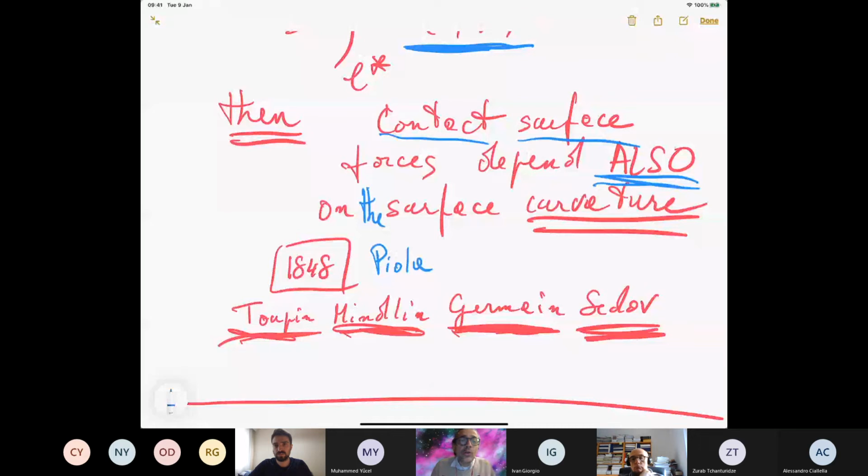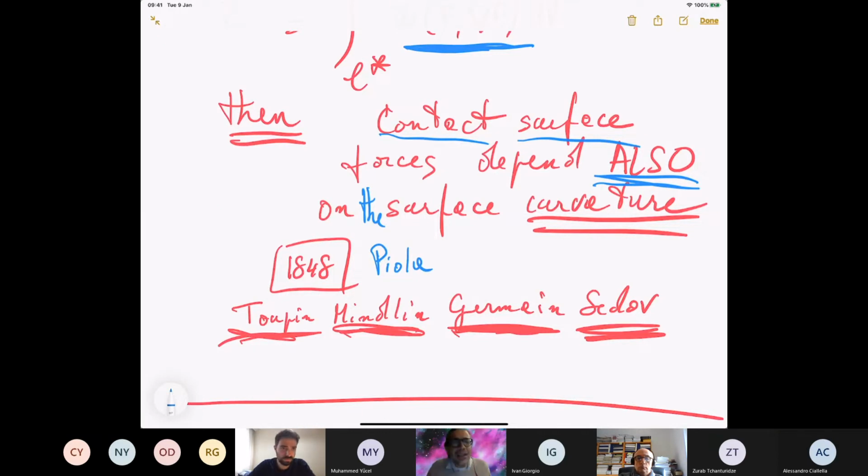If you go to Google, you discover that Google digitalized a copy of Piola's book, written in Italian. And this Piola book was in the library of Wisconsin University. So this book was everywhere, in every library. And I know also why.